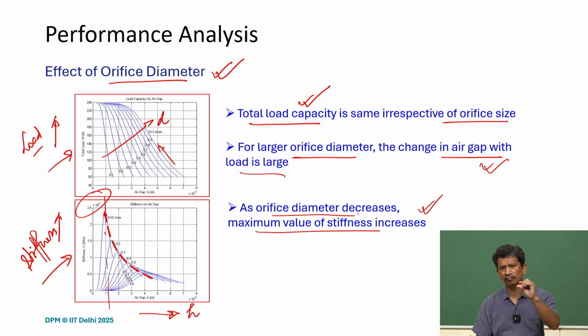So we are really working at a very small air gap, but at that air gap, the stiffness can be way higher than any kind of contact type of bearings. Whether it's journal bearings or rolling element bearings, it can be comparable, or even the air bearings can be stiffer.